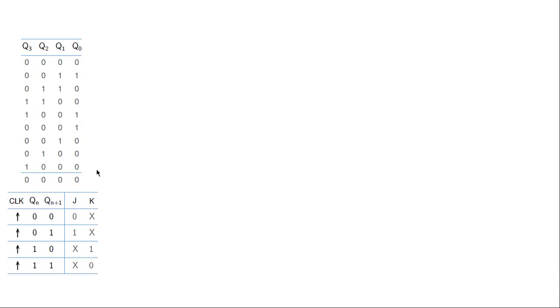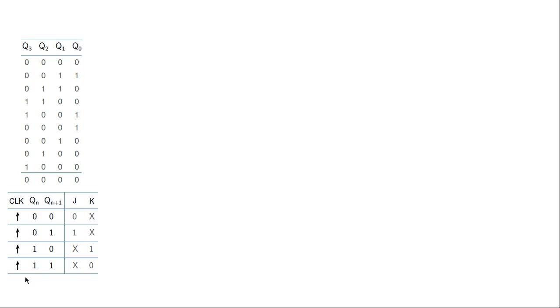So let us begin with our design process. This is the transition table that the counter must follow, and here is a table that we have seen earlier which can be used in the design. If we know Qn and Qn plus 1, this table tells us what J and K should be.